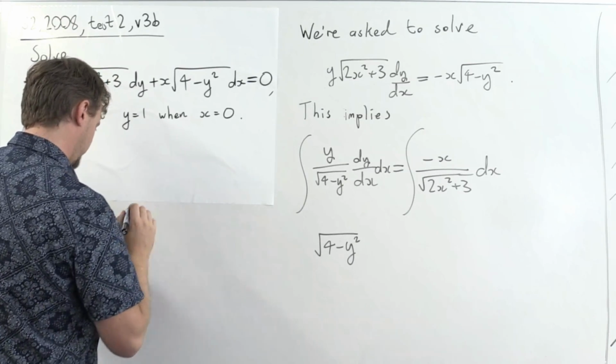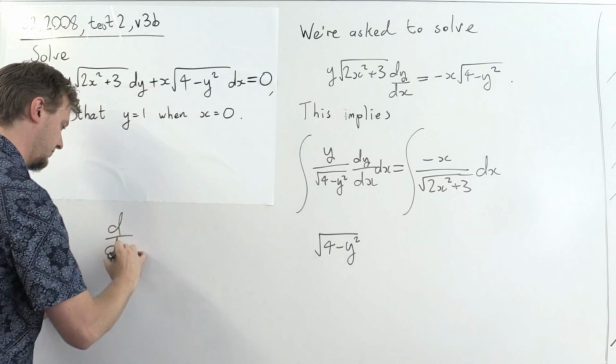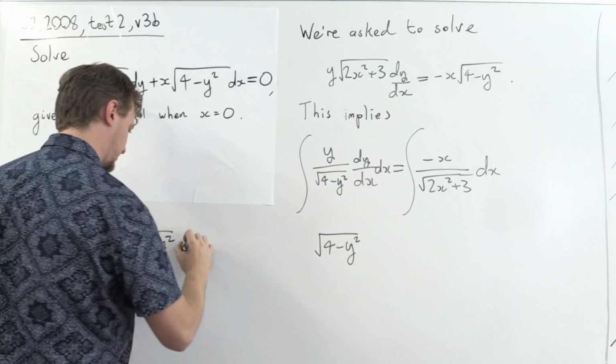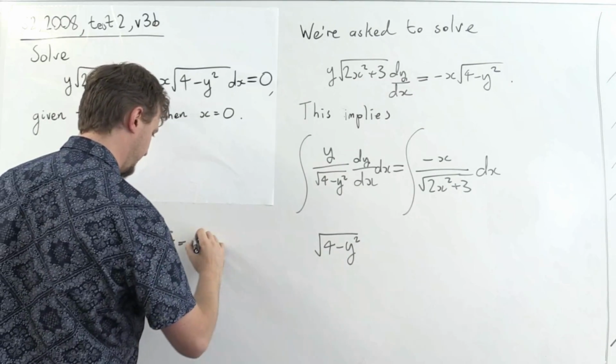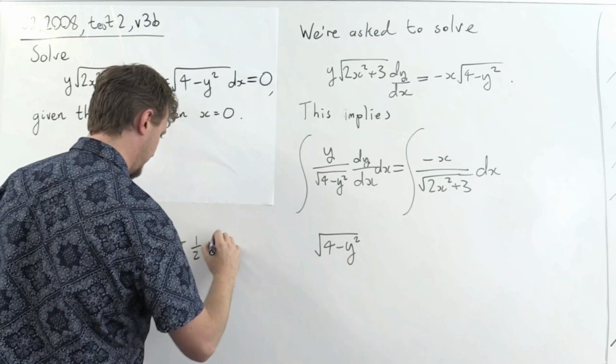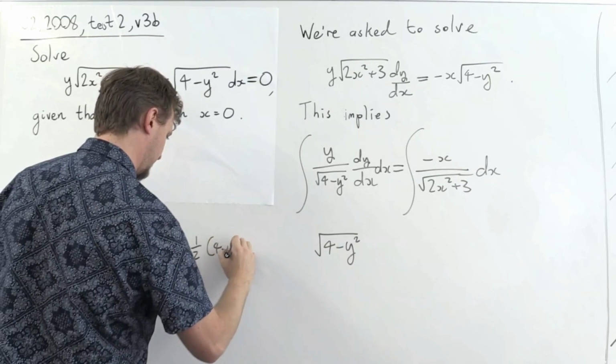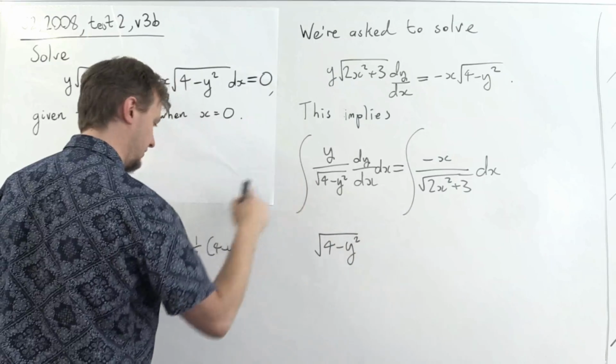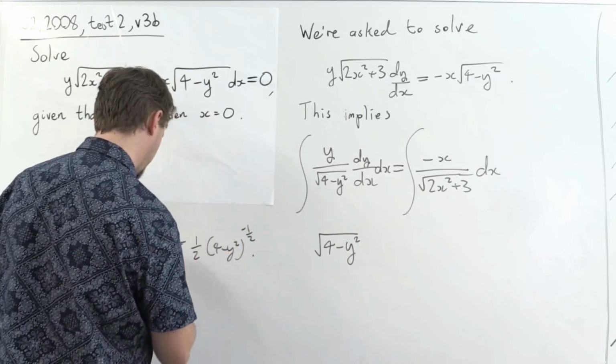If I look at the derivative of my guess for an answer, this is this to the power of a half, you get 1/2 times 4 minus y squared to the minus a half, that's good, I need that for this, times a minus 2y.